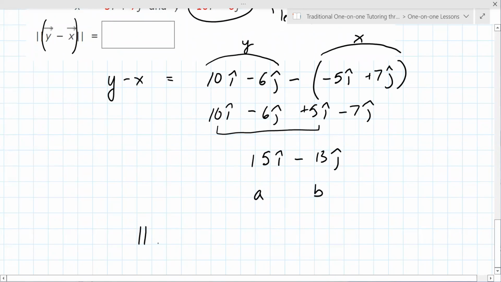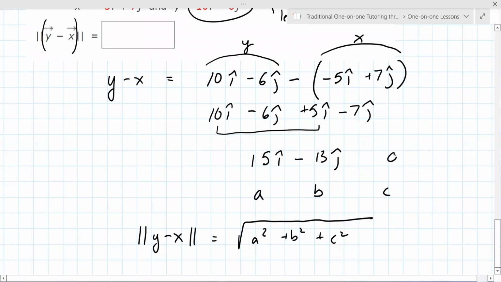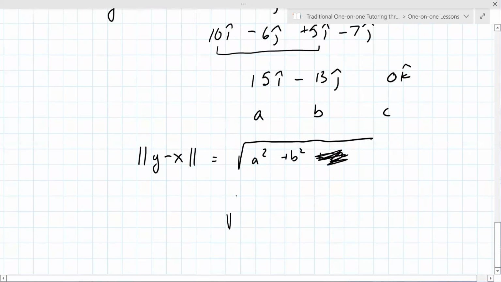So the magnitude of y minus x is going to be a squared plus b squared, square rooted. There is a c squared, but c is 0. There's a 0 k hat here, so you don't have to include that. So it's the square root of 15 squared plus negative 13 squared.